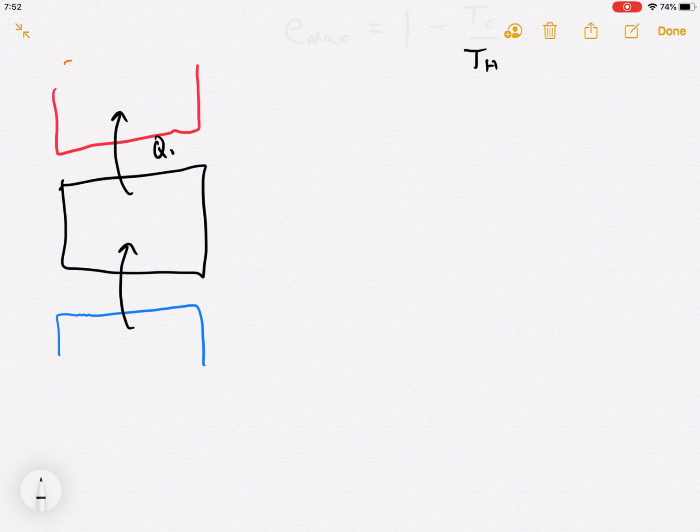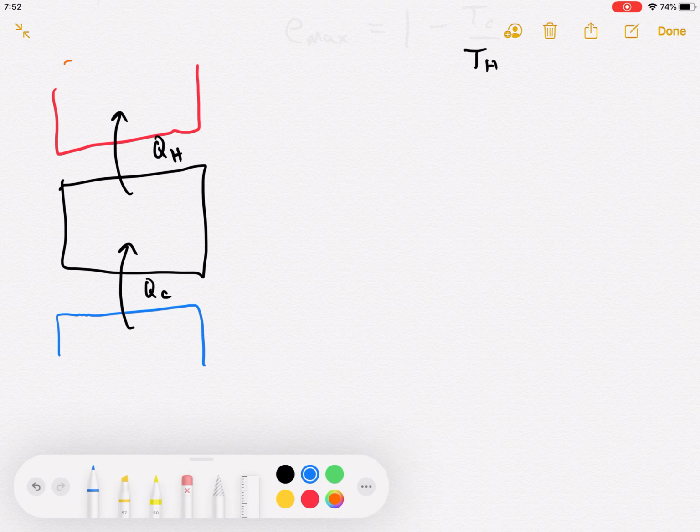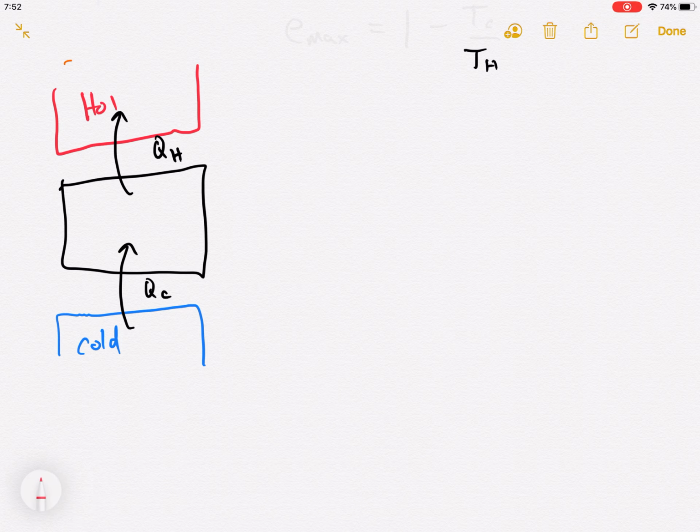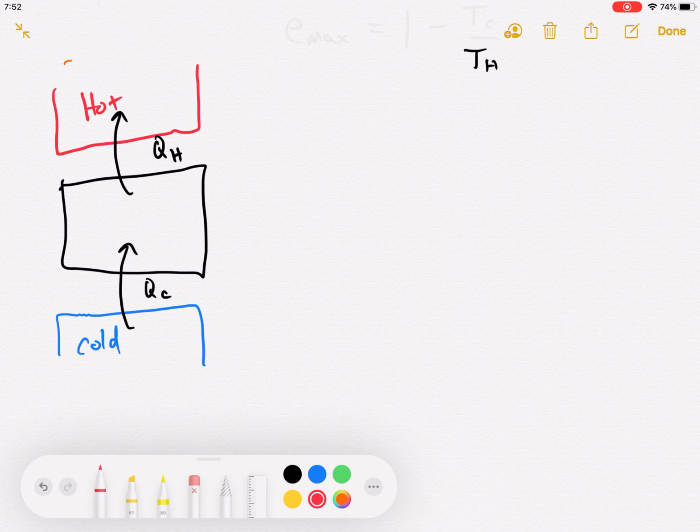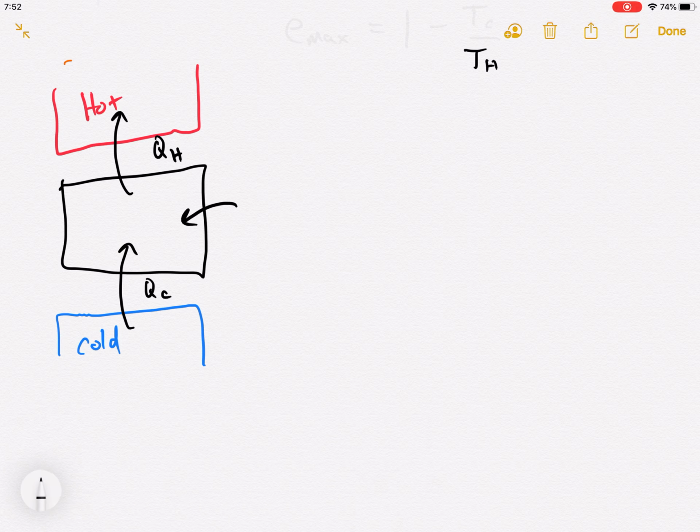So this is still Q hot, heat exchanged with a hot reservoir, and this is still Q cold. Again, this is still the cold reservoir, and that's still the hot reservoir. But again, I want energy to go the wrong way now. That's not going to happen naturally, so I'm going to have to do some work on this system. Sometimes we say work in to make that happen.